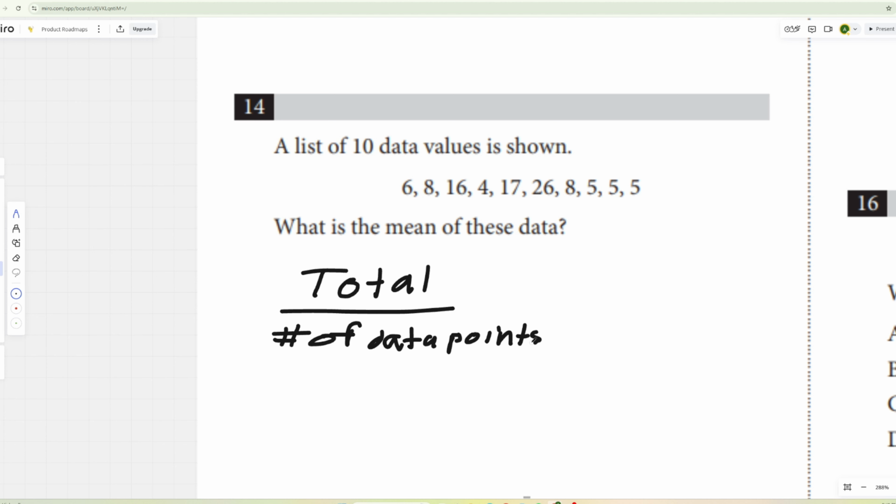So we can just put this into our calculator. 6 plus 8 plus 16 plus 4 plus 17 plus 26 plus 8 plus 5 plus 5 plus 5. That's 100, divided by 10 data values, right? Number of data points is 10.